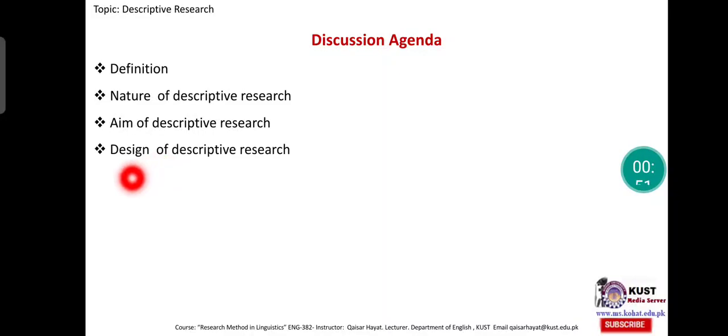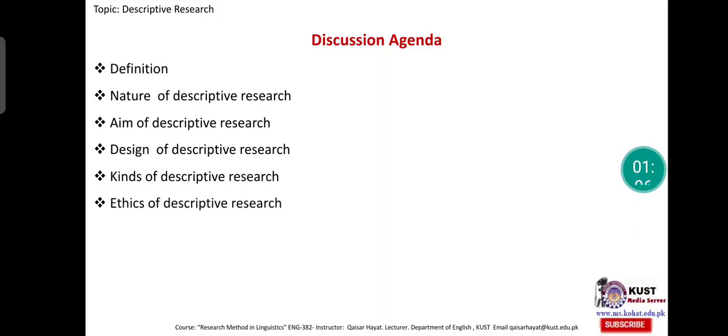After the aim, the design of descriptive research would also be discussed in today's lecture. And after the design, there are some kinds of descriptive research. We shall try to discuss them one by one. We will also discuss why we have to observe some ethics while doing descriptive research, why it's necessary to follow these ethics in the studies that we are carrying out through descriptive research.